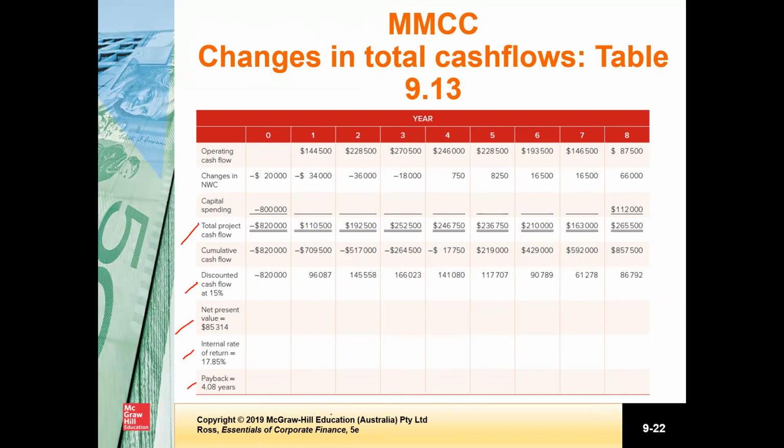So we already know the accept-reject decision for a project, and we know whether this project should be accepted or rejected. We have discussed these points already. Just to remind you, the net present value is positive, so this project should definitely be accepted.